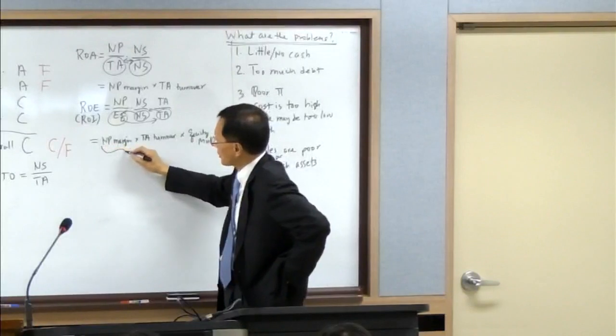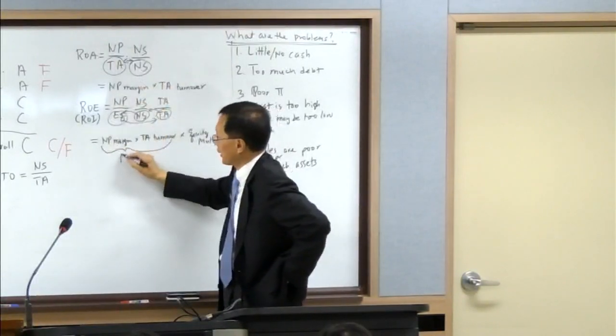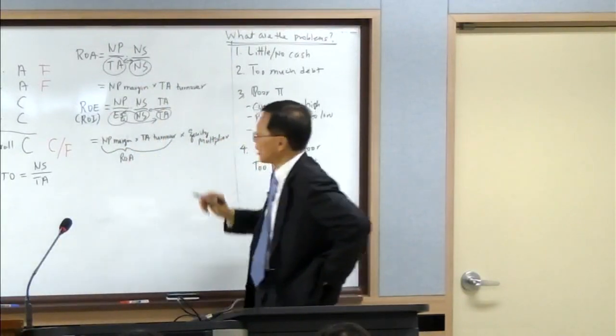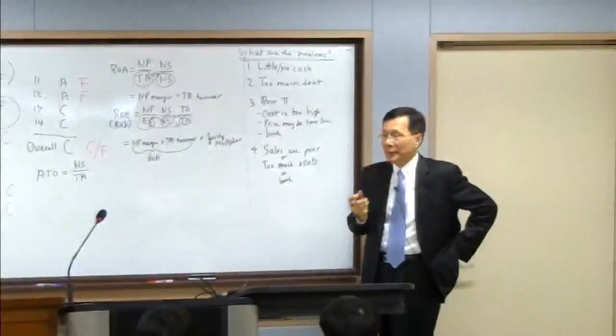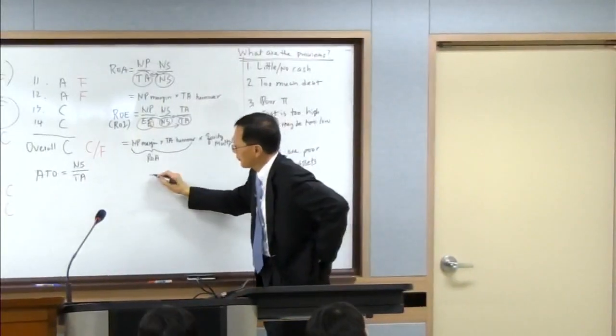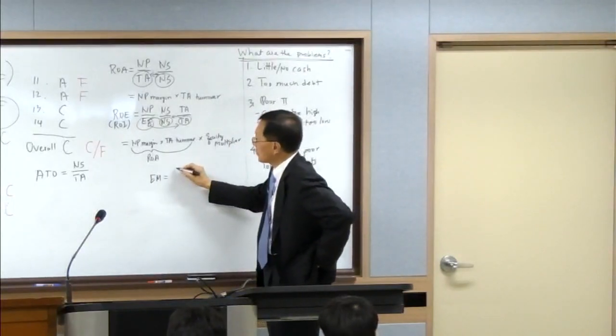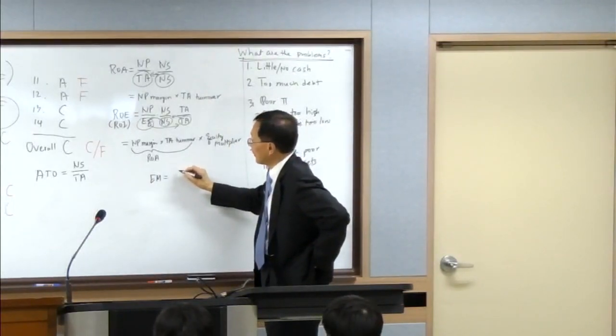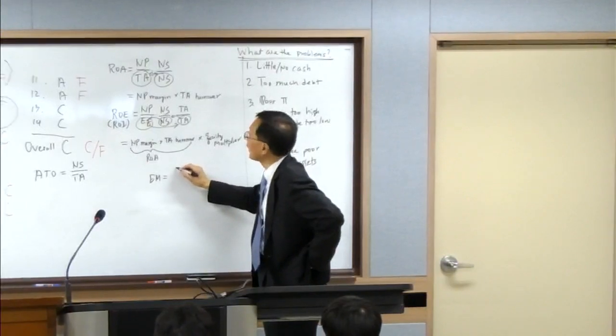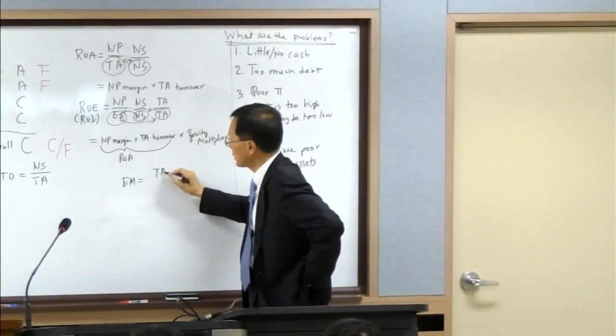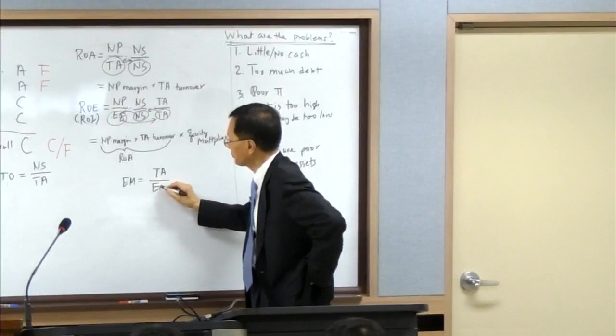Net profit margin and total asset turnover, that was ROA. So ROA times equity multiplier. And equity multiplier, EM, is nothing but total assets divided by equity.